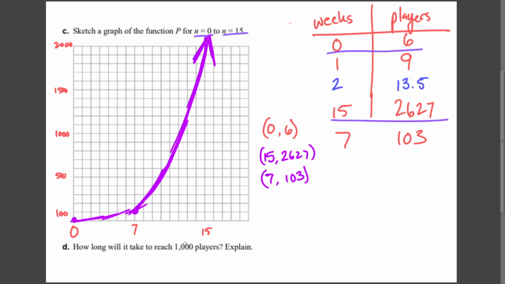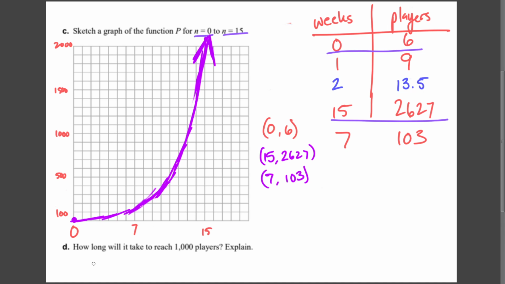Cool? So there is C, basically using one of the first points, one of the middle points, and the ending point to get an idea of where this curve is actually at. And this actually, I think, would come a little bit more like this. But again, it doesn't need to be perfect. I like drawing curves. They're neat little things.